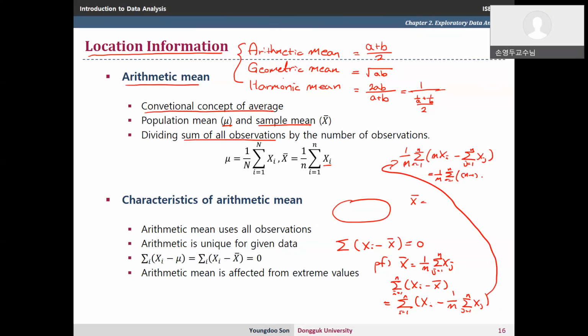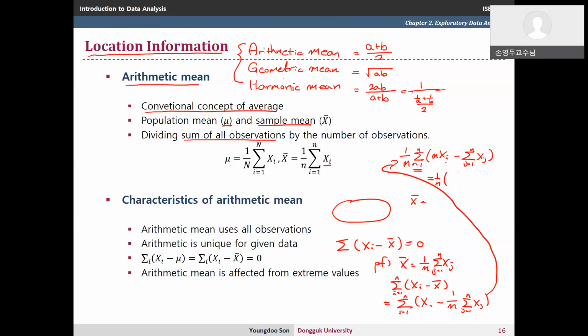N minus 1 xi, not here, okay. So let's expand this summation, okay. Then 1 over n over here.